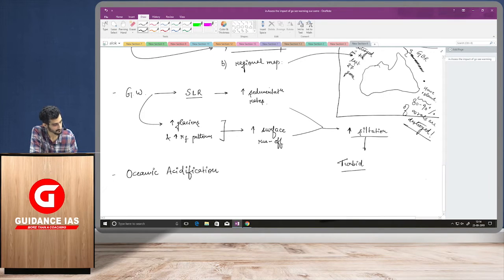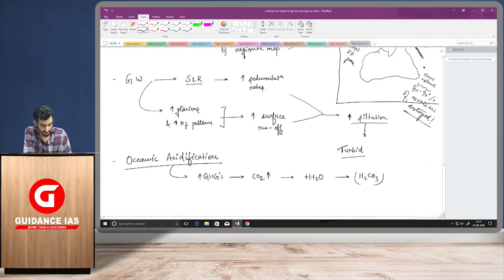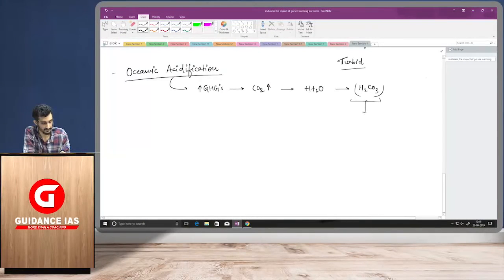The increase in greenhouse gases, in which CO2 is a major component, will react with the water of the oceans, leading to formation of carbonic acid, and this carbonic acid will further degrade the health of corals by increasing the dissolution rates, and again it will lead to coral bleaching.